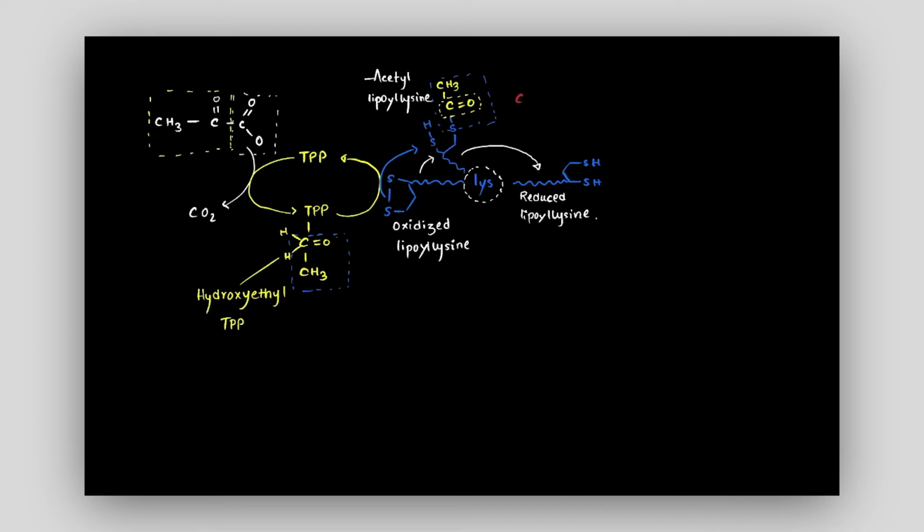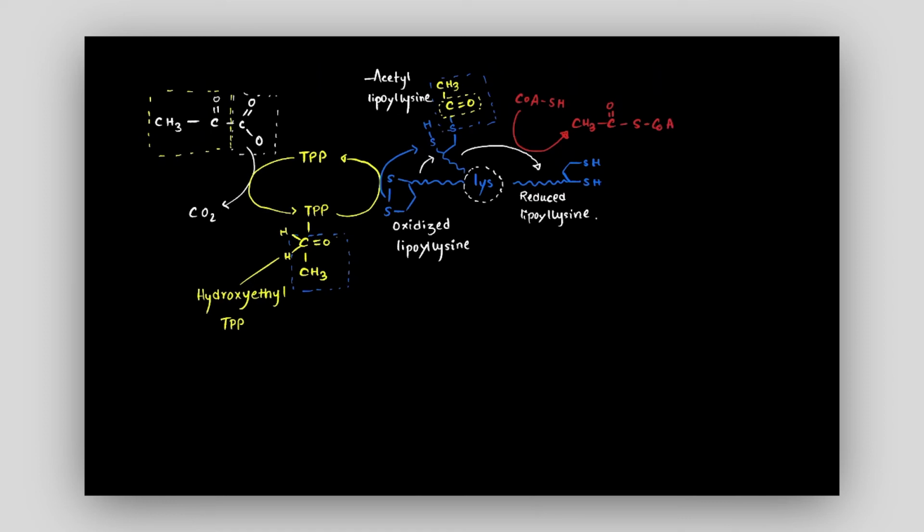So when this is getting reduced, what happens? There's this coenzyme A which has got an SH group. This coenzyme A is getting acetylated. So we have CH3, C double bond O, and S, CoA.